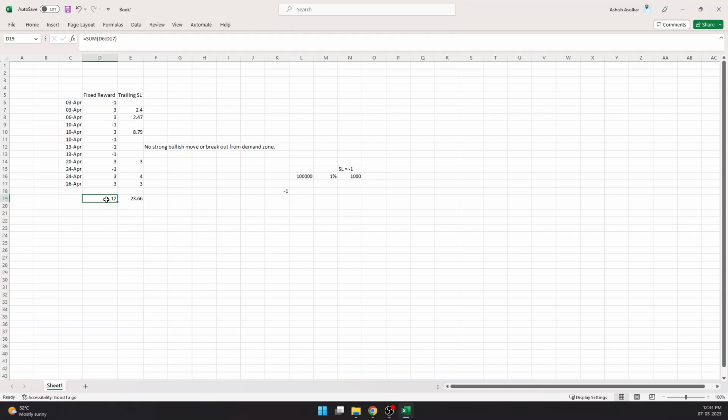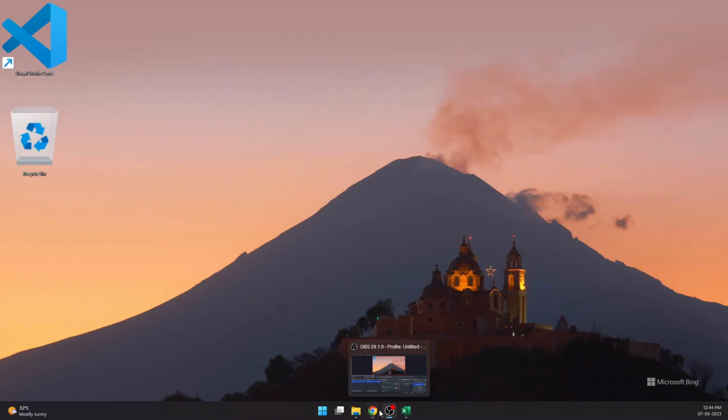So for 12, that means in a month we could have made around 12,000 with 1 lakh of capital, and with trailing SL we could have achieved around 23,000. So on the safer side, we have made around 12% on a monthly basis in the backtesting.